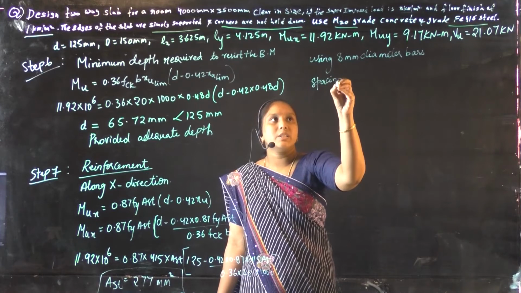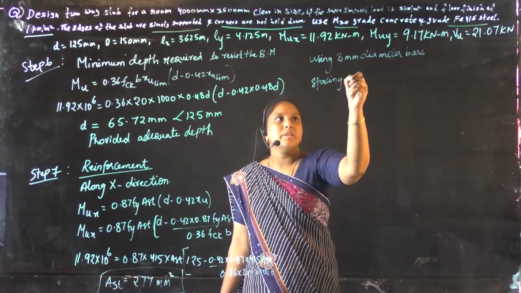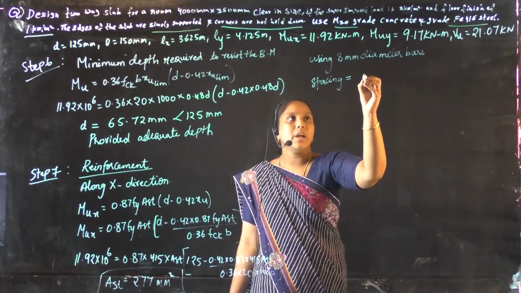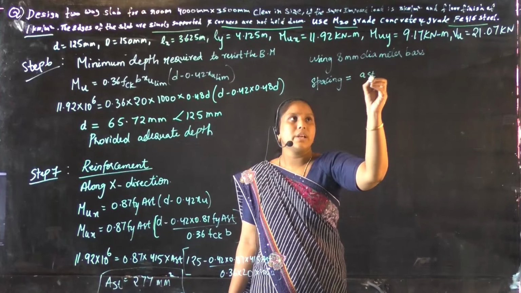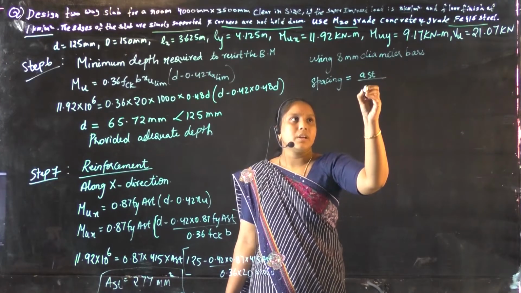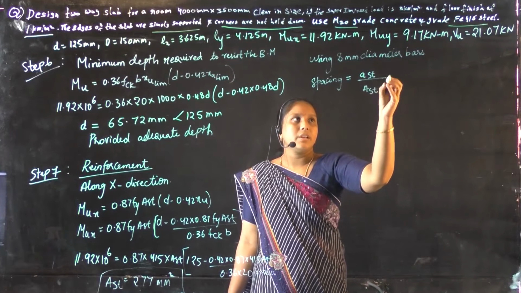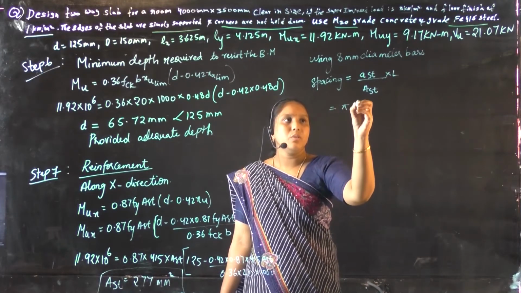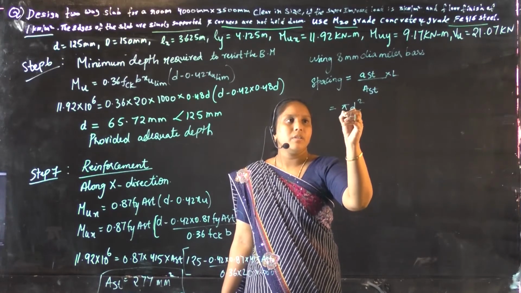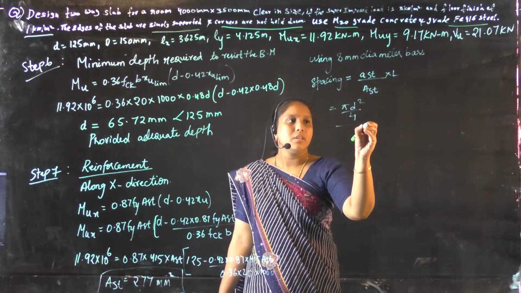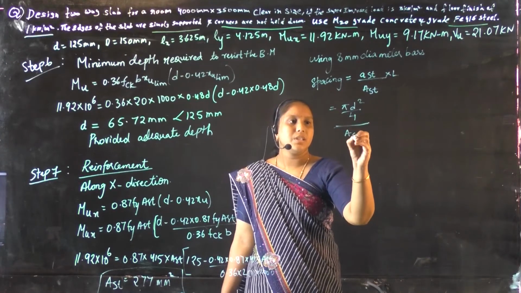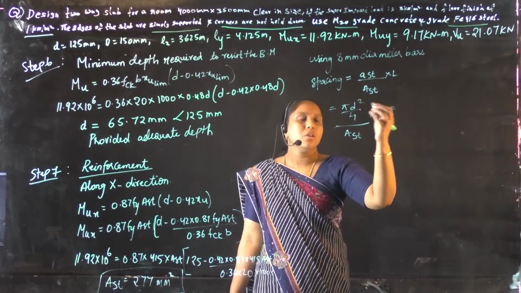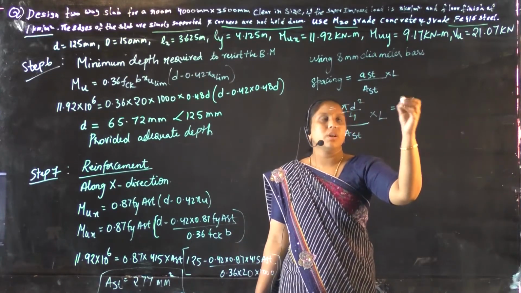So how will I calculate the spacing? Spacing can be calculated by using the formula small AST divided by the capital AST into L. So small AST will be pi into D square by 4, divided by the capital AST, into L. So pi into D, what is the diameter of the bar?